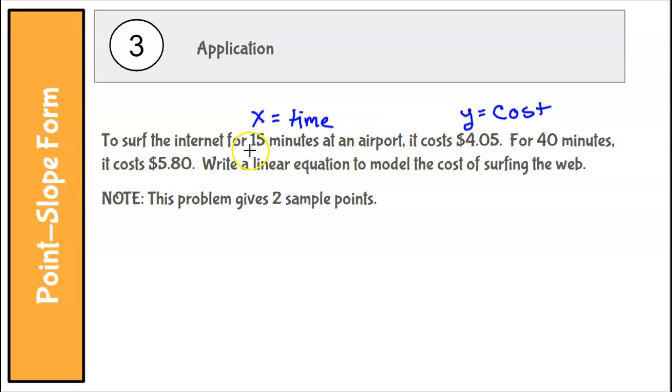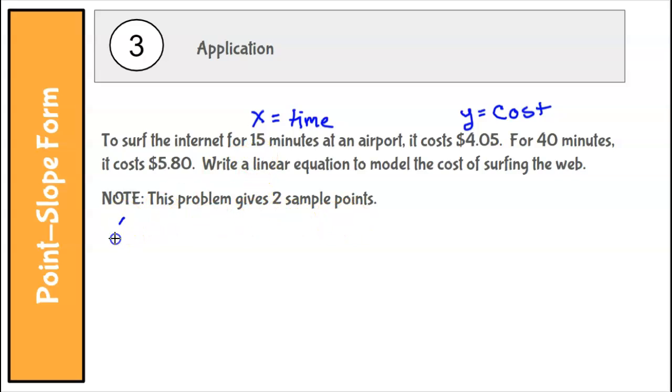Okay, and it's not going to be proportional. If I divide 405 by 15, I'm not going to get the same thing if I take 580 divided by 40. So there must be a flat fee, a flat cost just to log on to the internet, and then a cost per minute. Because otherwise, I would just figure out what the cost per minute was and take it times X. Okay, so it gives 2 sample points.